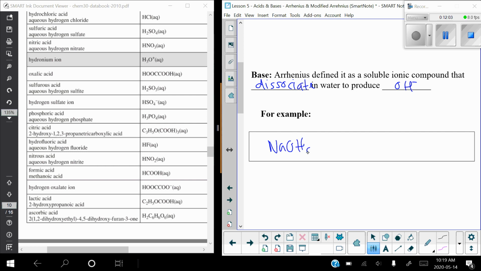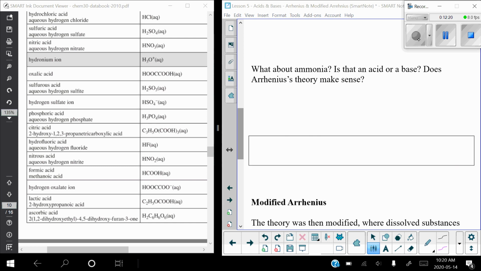NaOH is going to be a strong base, so it's going to 100% ionize and form Na plus and OH minus. Okay, but what about ammonia? Ammonia, I told you earlier on, is considered a base. But does Arrhenius' theory make sense?